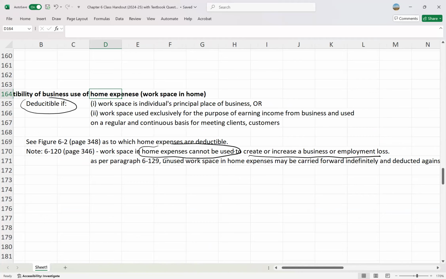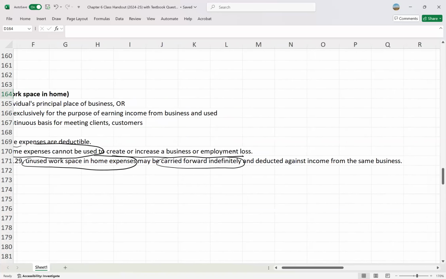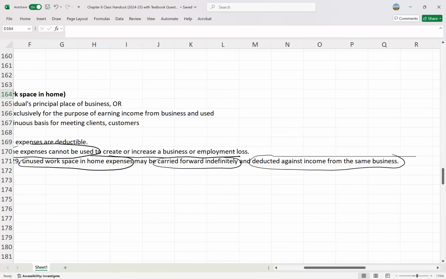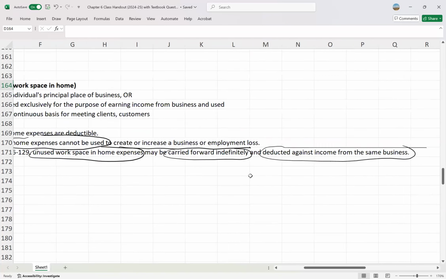Anything that you cannot use this year can be carried forward indefinitely and deducted against income from that same business in later years. And so in the example we're going to do today, we're going to look at these home office expenses. We're going to calculate the income before the home office expenses and then determine, are we able to deduct all or some of the home office expenses?